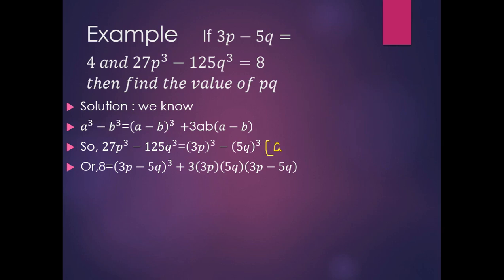That is the aq minus bq formula, that equals a minus b whole cube plus, we have a second type of formula, that is a minus b whole cube plus 3ab times a minus b.